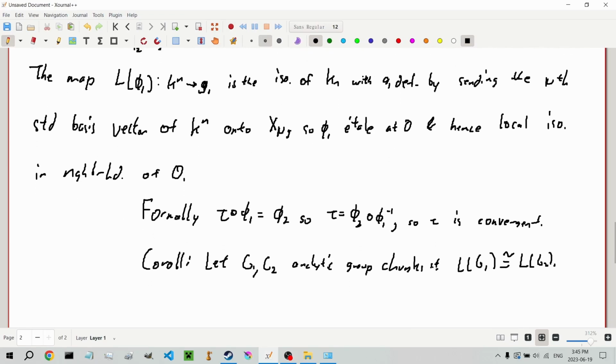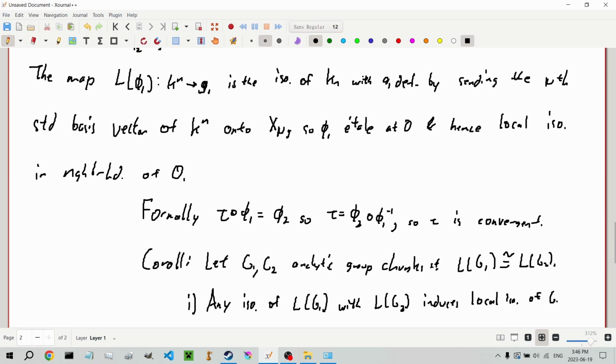Well then, first off, any isomorphism of LG_1 with LG_2 induces a local isomorphism of G_1 and G_2.